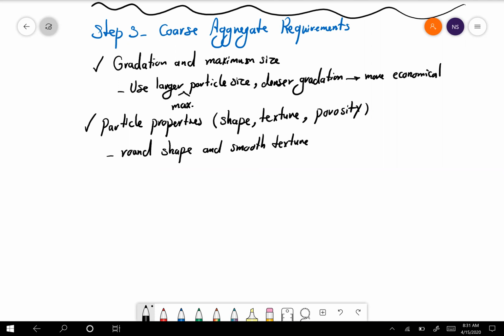We want these only for having a workable concrete, for more workability. And again, workability is the ability to work with concrete. When you're pouring the concrete, if it's workable enough, it can go around the rebars and fill all the gaps between the rebars.